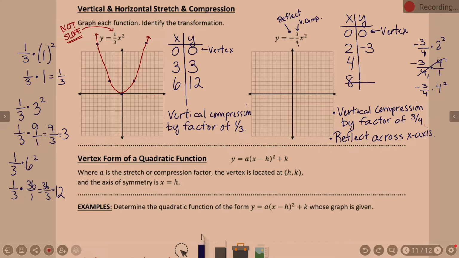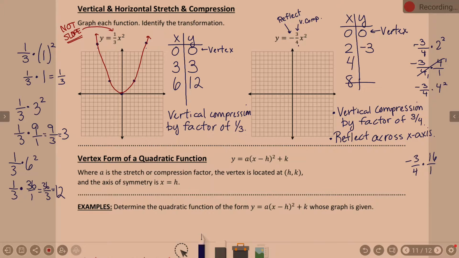16. I'm going to go down here. Negative 3/4 times 16. 16 as a fraction is 16 over 1. Some people would just multiply across. I'm old school. I like to cross cancel. What do you know about 4 and 16?